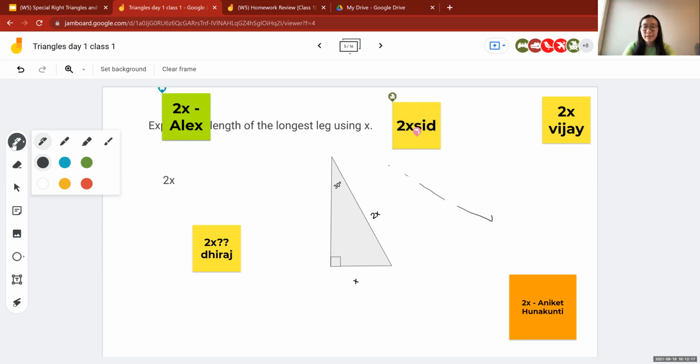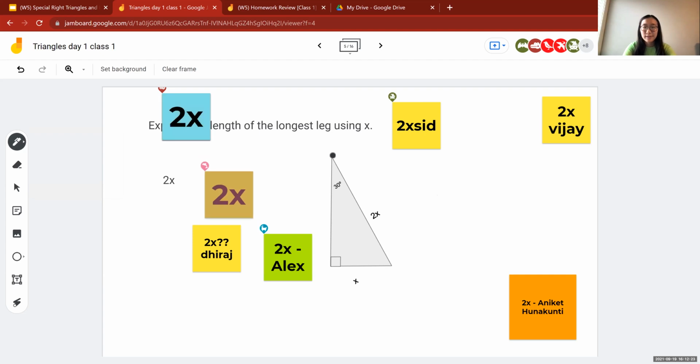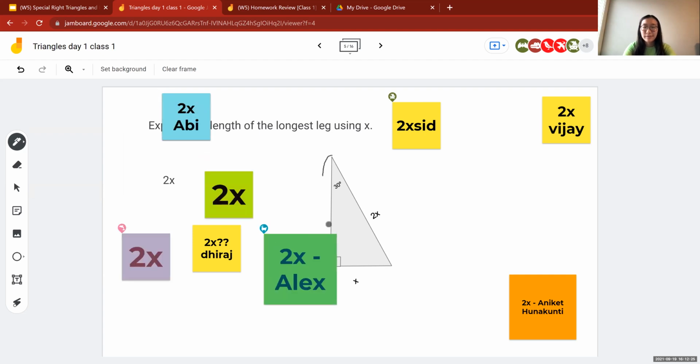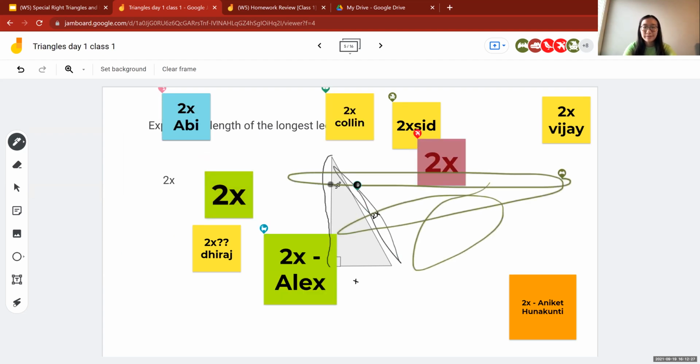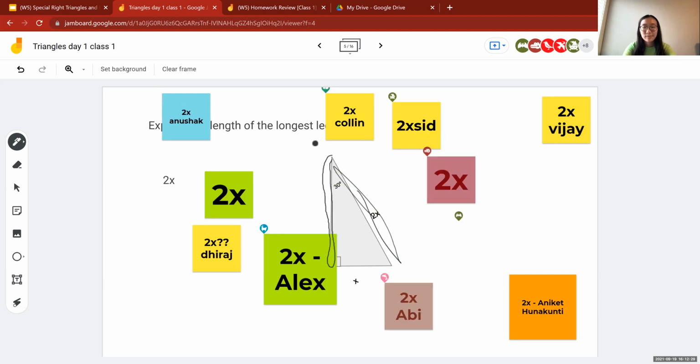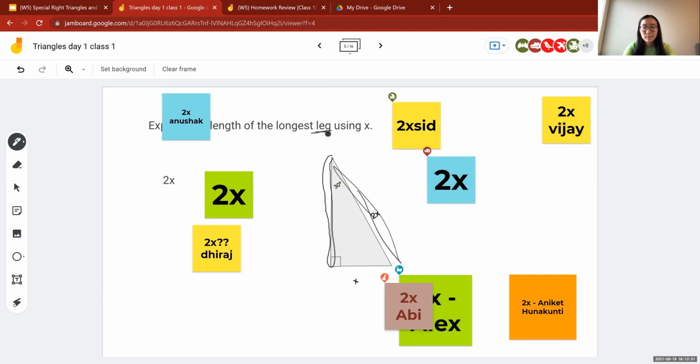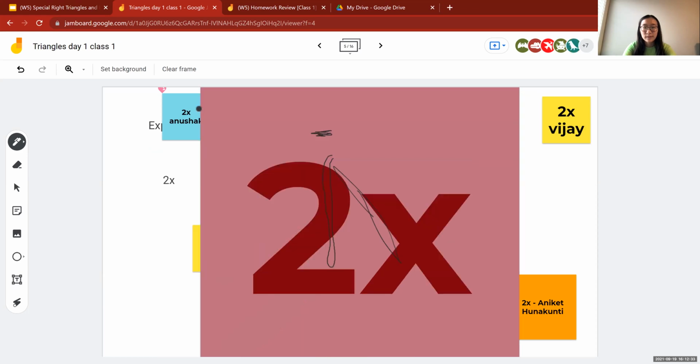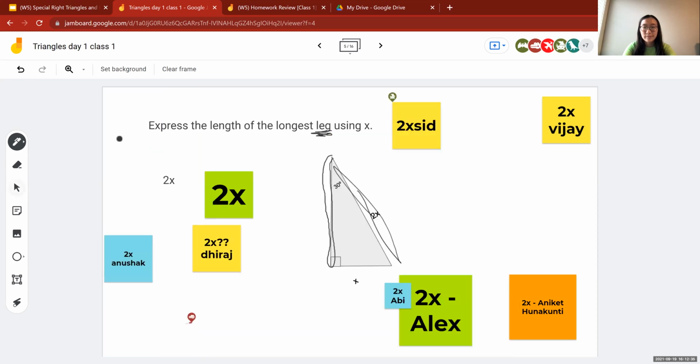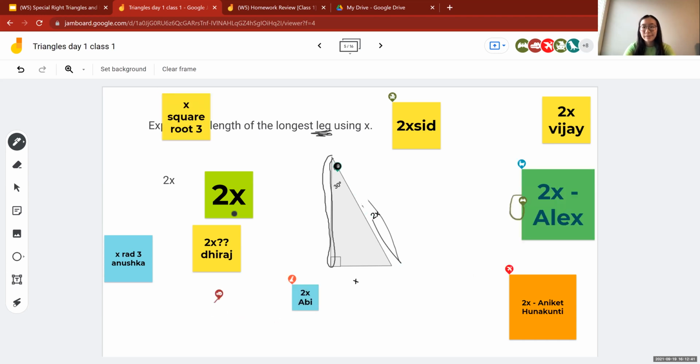Okay, just to clarify, the longest leg means the longest side that isn't the hypotenuse. So 2x is the hypotenuse right here, and you're not looking for that, you're looking for the other one that's missing. All right, does anyone remember what the relationship is in a 30, 60, 90 right triangle?